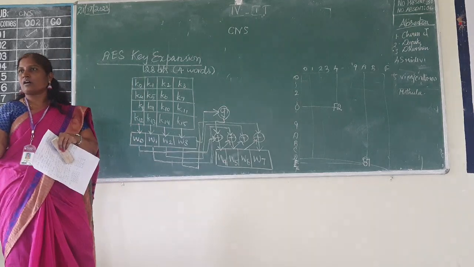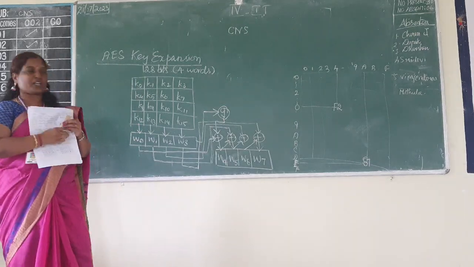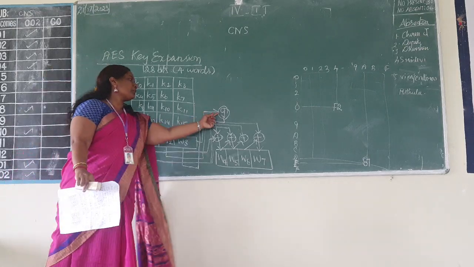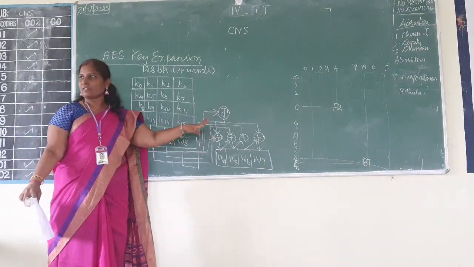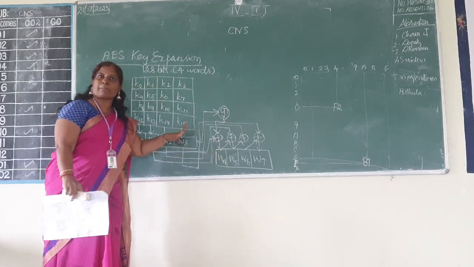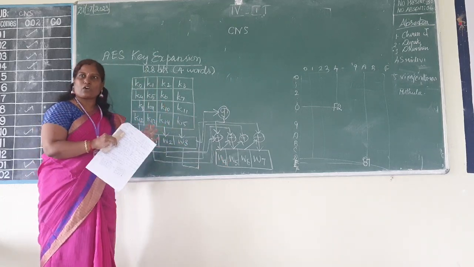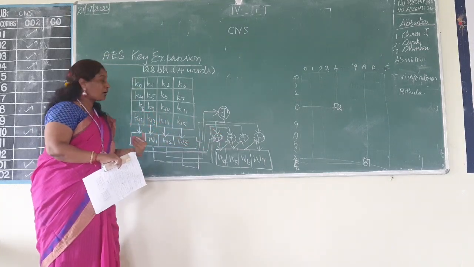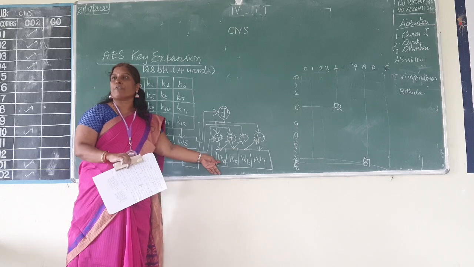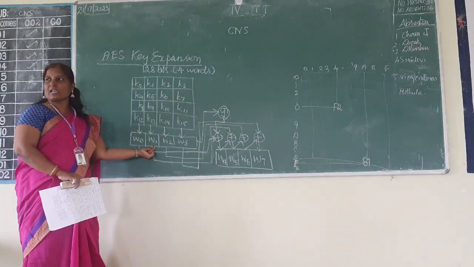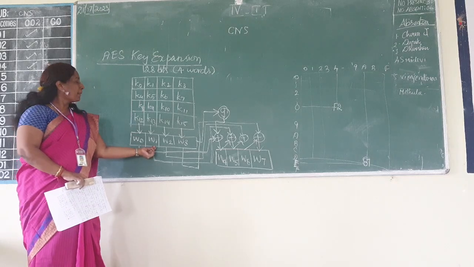For the first XOR operation to generate W4, W0 is taken and the output of G is taken. Clear? For W5 onwards, we don't depend on G because G's output is already given for the first level. So we will take output only from W4. W4 will be one input and W1 the other input for your XOR operation.